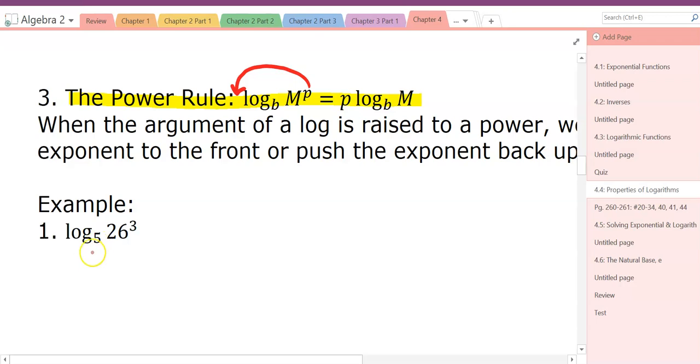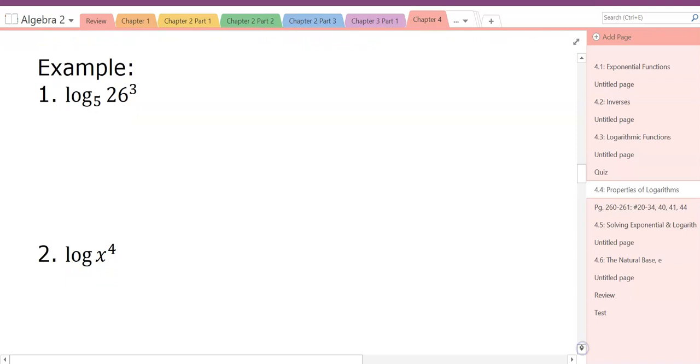So for this first one, we have log base 5 of 26 to the third power. I could rewrite that so I'm bringing this 3 back to the front of that logarithm. So it says 3 log base 5 of 26.